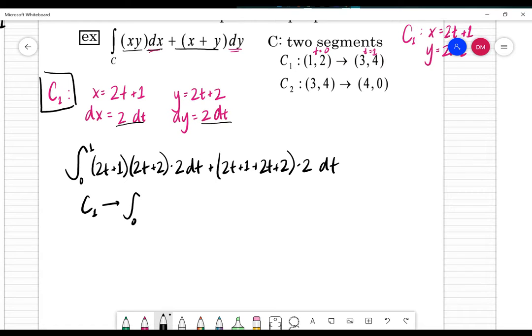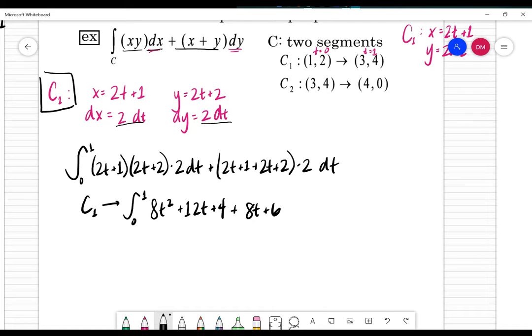I'm going to integrate from 0 to 1, and we'll see, hopefully, maybe I simplified this correctly. I think I get 8t squared plus 12t plus 4 for that first piece. And then for the second piece here, I think I got 8t plus 6.